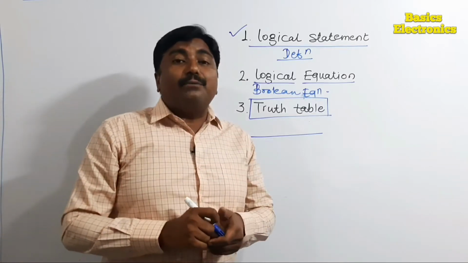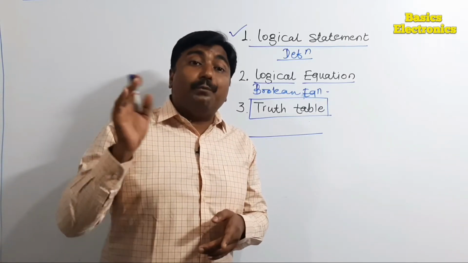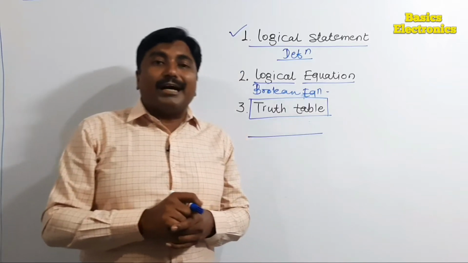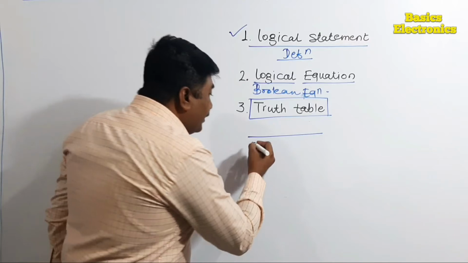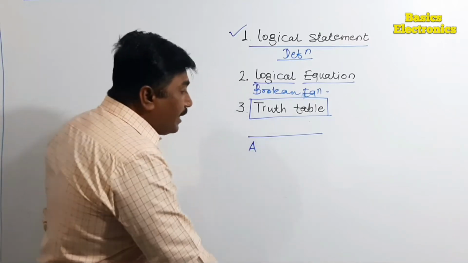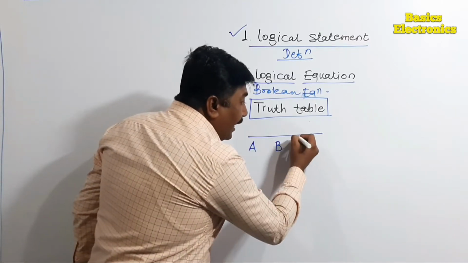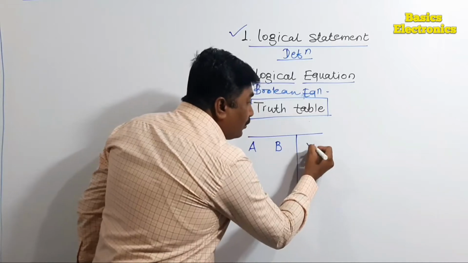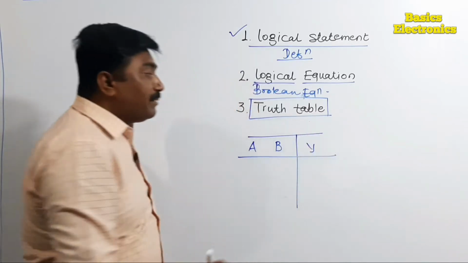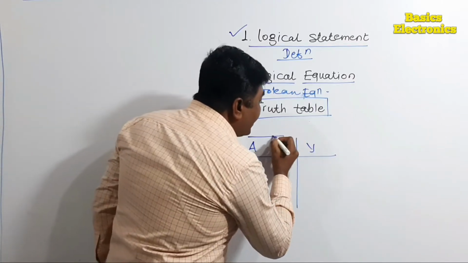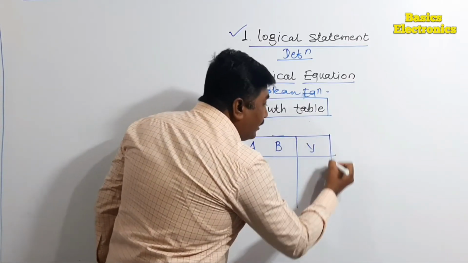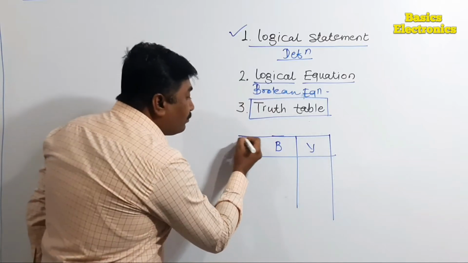The inputs we generally call input variables. The outputs we call the output variables. Suppose here two inputs are there, A and B, and here the output is there. Output is represented by using y, and that y has one equation depending on the type of the gate.